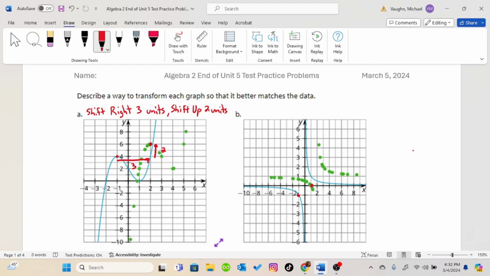So now if I want to describe this, I can see that I need to shift right 2 units. And then I can see that I need to shift up 1 unit.